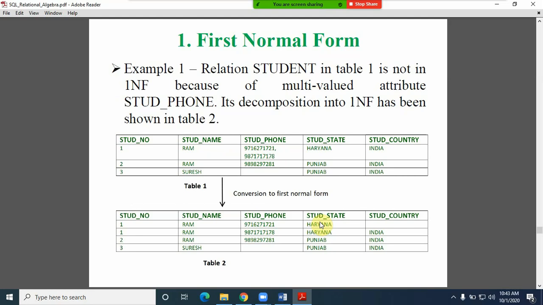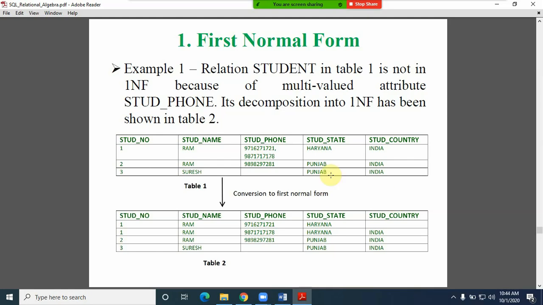We have taken two tables here. The relation student in table 1 is not in 1NF because of the multi-valued attribute student phone number. If we decompose this table, we can convert it into 1NF. Observe the example: we have student number, student name, student phone number, student state, and student country, five different attributes.